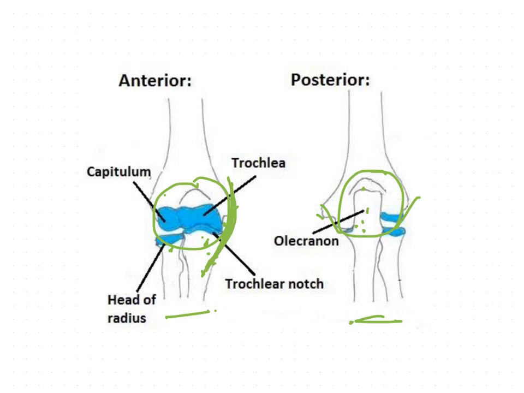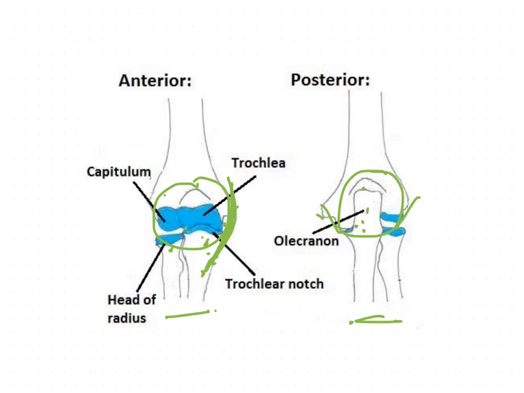So what will happen during extension? There may be a chance of anterior displacement of the trochlea from the trochlear notch. So that one is resisted by the anterior portion of the joint capsule.